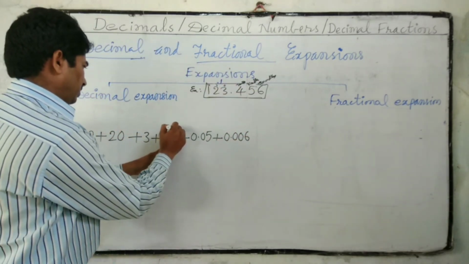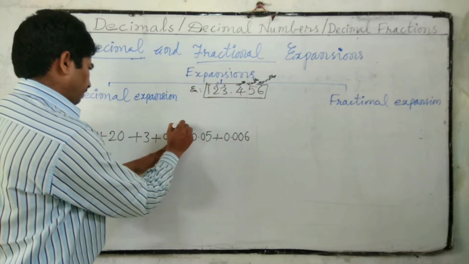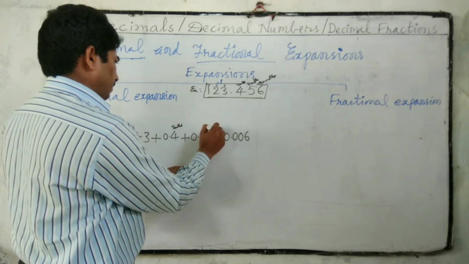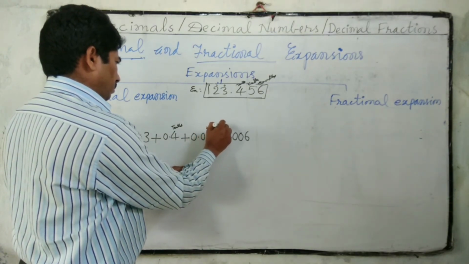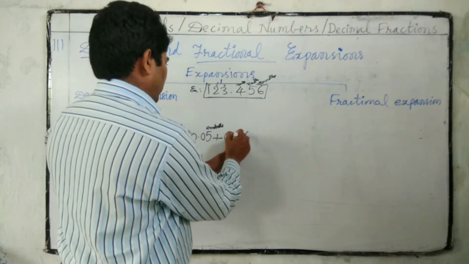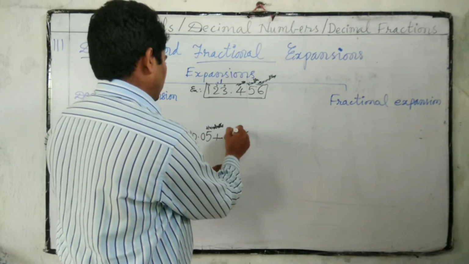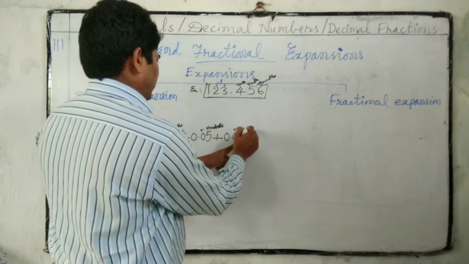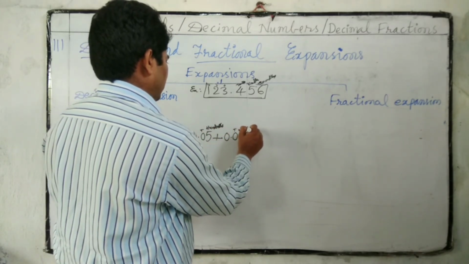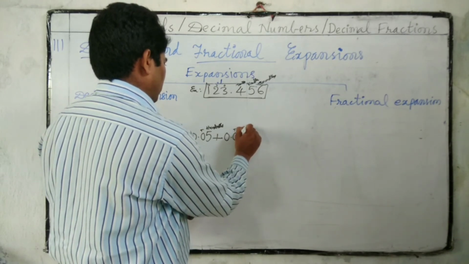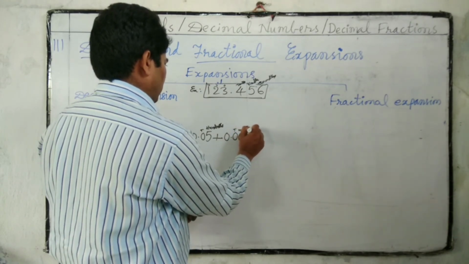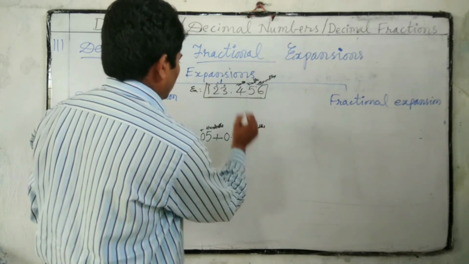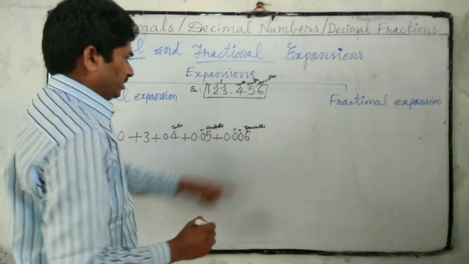So we know this is tenths, hundredths. This is thousandths, 6 thousandths.